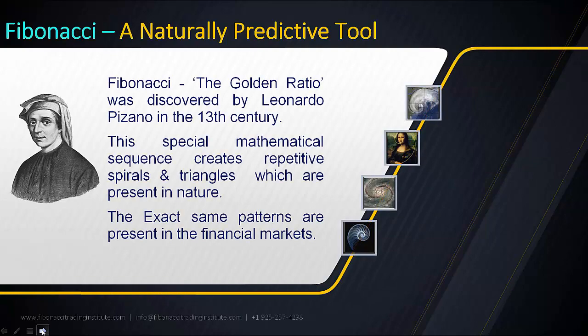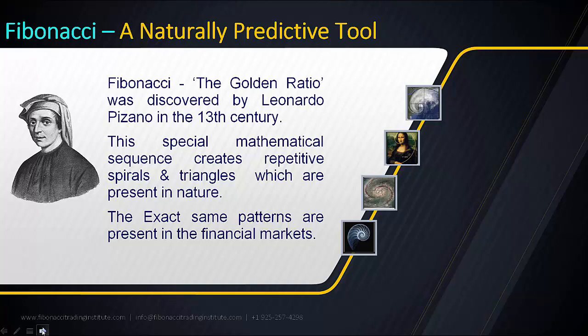So, what is Fibonacci? Fibonacci golden ratio had been discovered by Leonardo Pisano in 13th century. This special mathematical sequence creates repetitive spirals and triangles which are also present in nature.